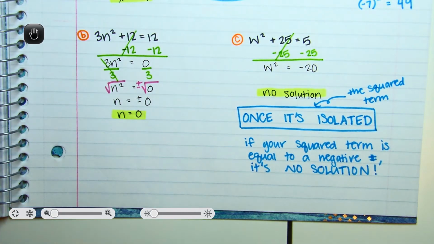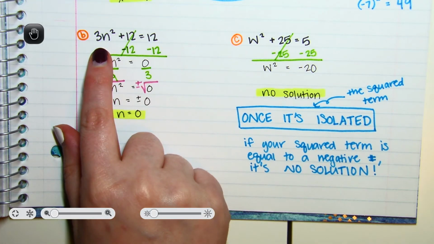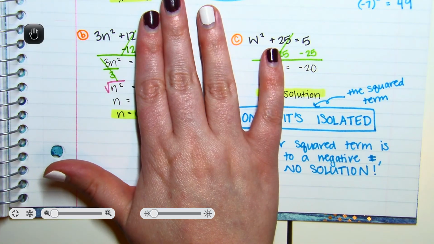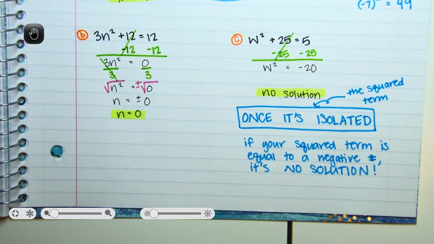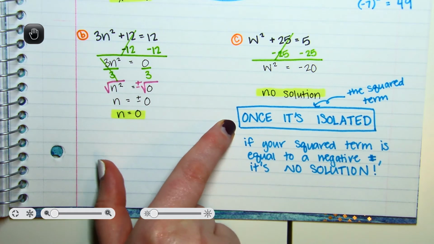So if it's equal to a negative number, it will be no solution once it is by itself, because it is possible to have a problem where, say you have all this stuff on the left and it's equal to a negative number, where once you move stuff over, it becomes positive. So that's really important, once it is isolated.